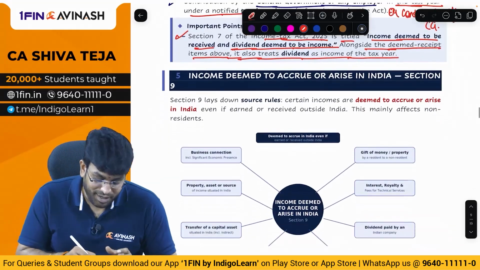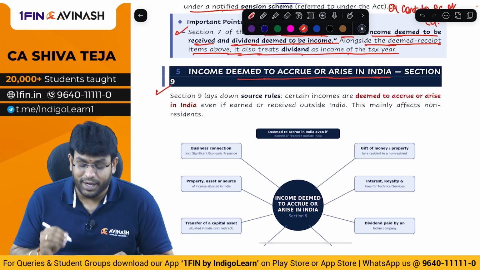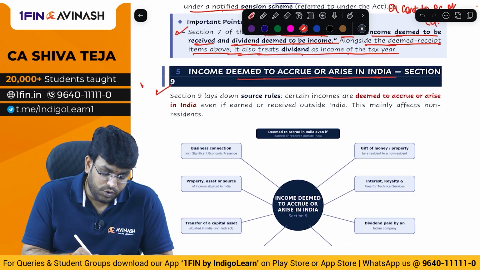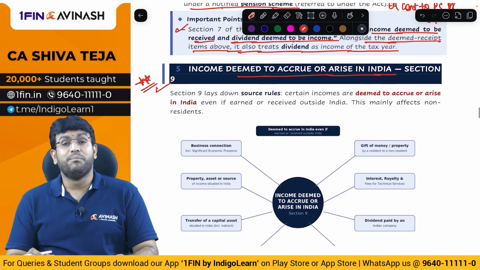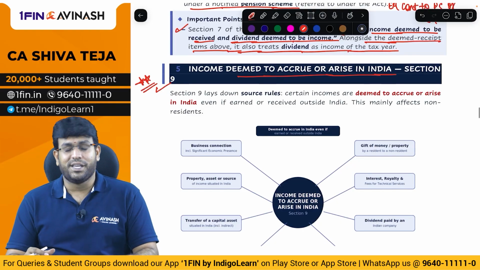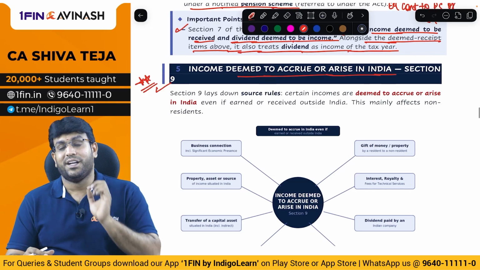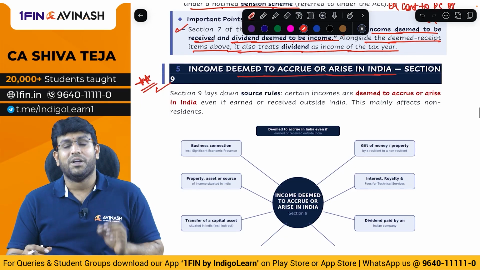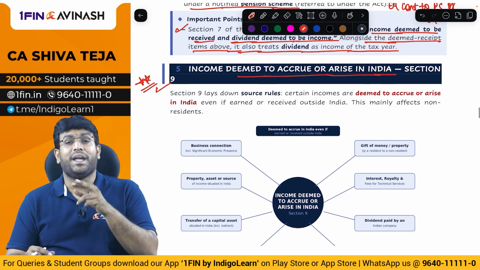Next, section 9, which talks about income deemed to accrue or arise in India. This is also very, very important. Why? Because Indian income means that income which is accrued or received or deemed to be received or deemed to accrue or arise in India.